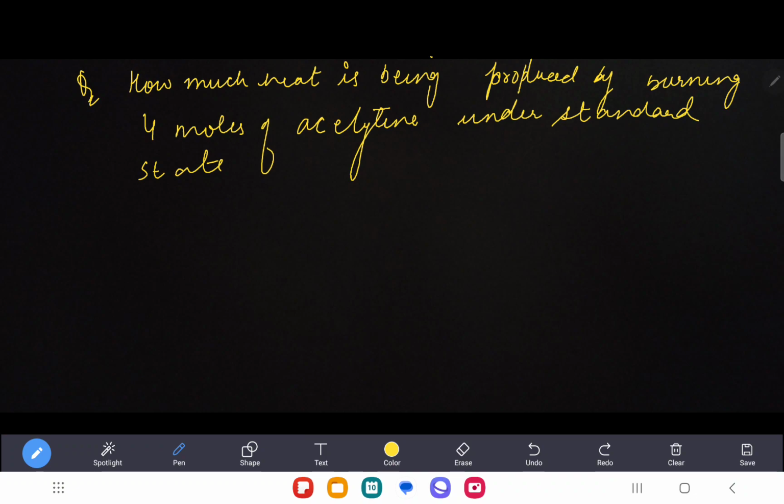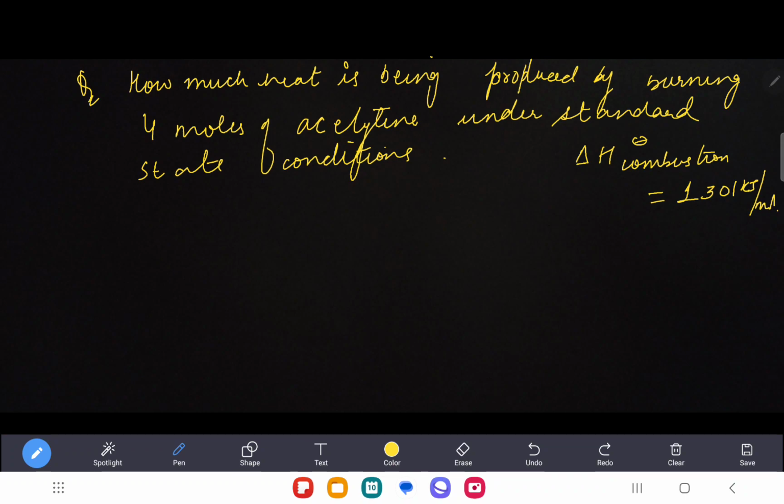Under standard state conditions. And what is given to me? The delta H combustion standard is given to me, in kilojoules per mole. So this is the question.